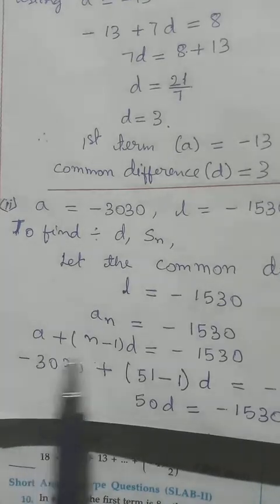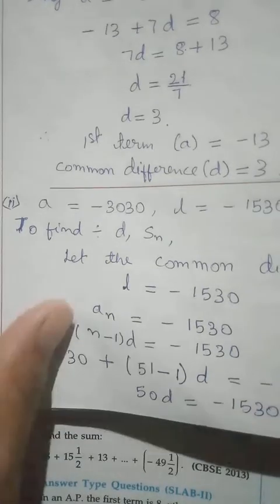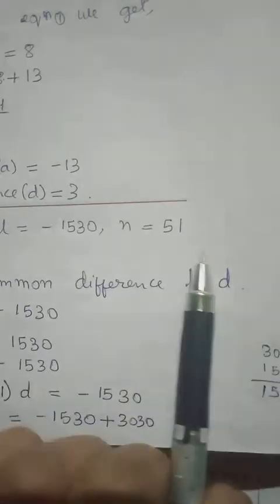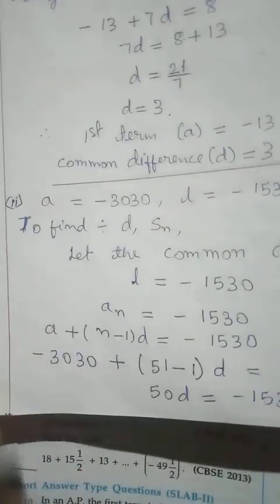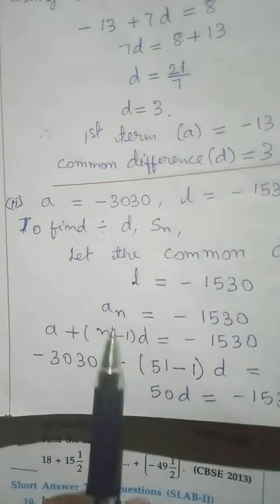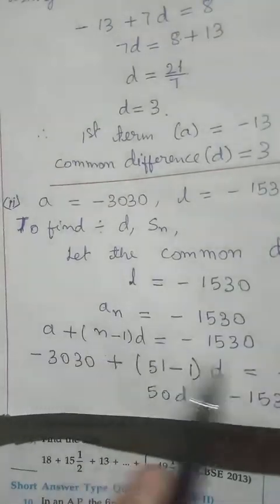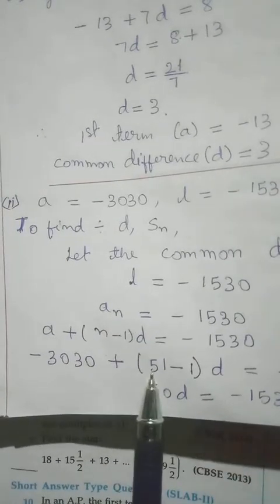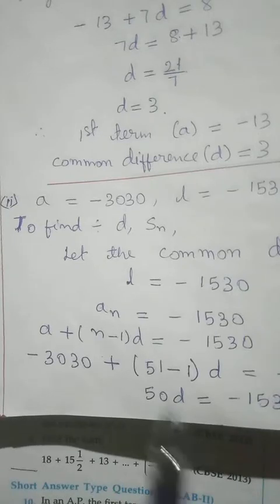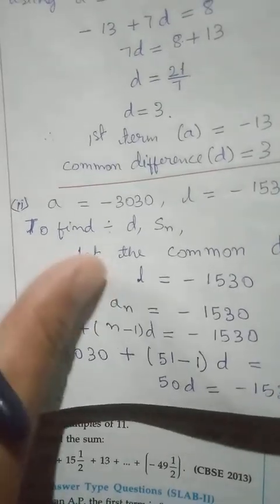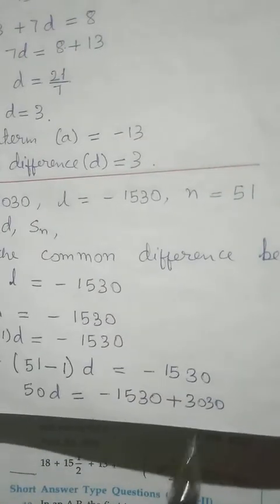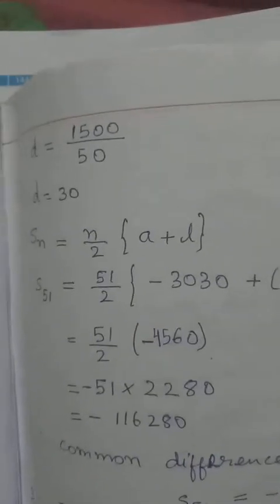N is already given to be 51, and A is also given, so we substitute. This one has no alphabet, we take it to that side, minus becomes plus. 51 and 1 we subtract, we get 50D. Then we divide by 50. So now D we get equal to 30.